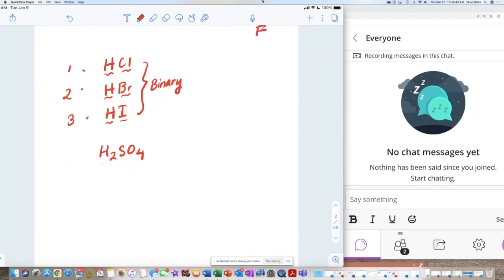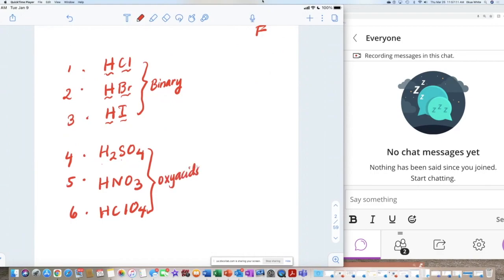You have hydrogen, sulfur, oxygen. You also have nitric acid. These are common acids that we use. And then we have perchloric acid. So this is 4, 5, 6. Okay? And these are your oxy acids.